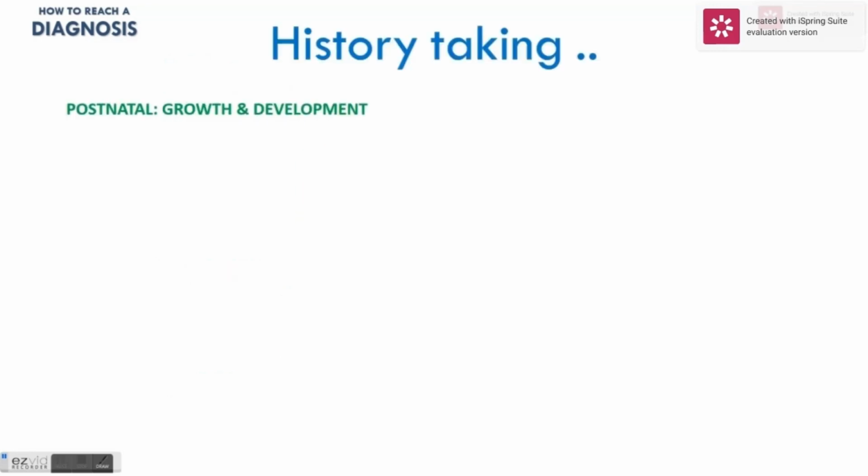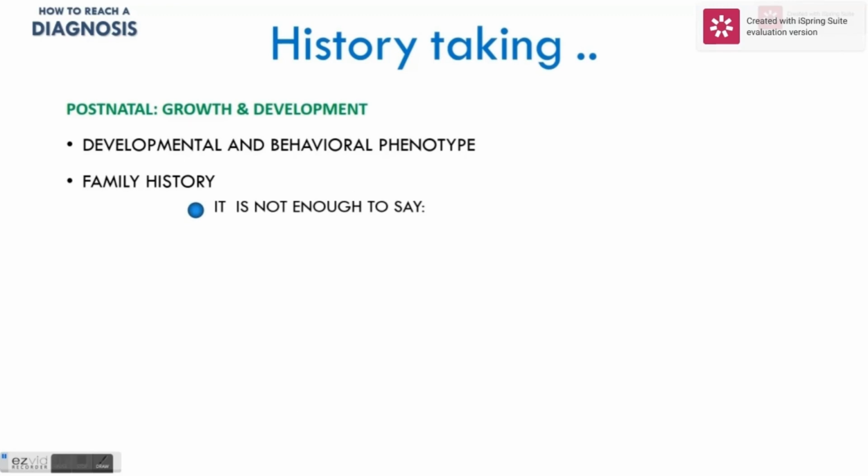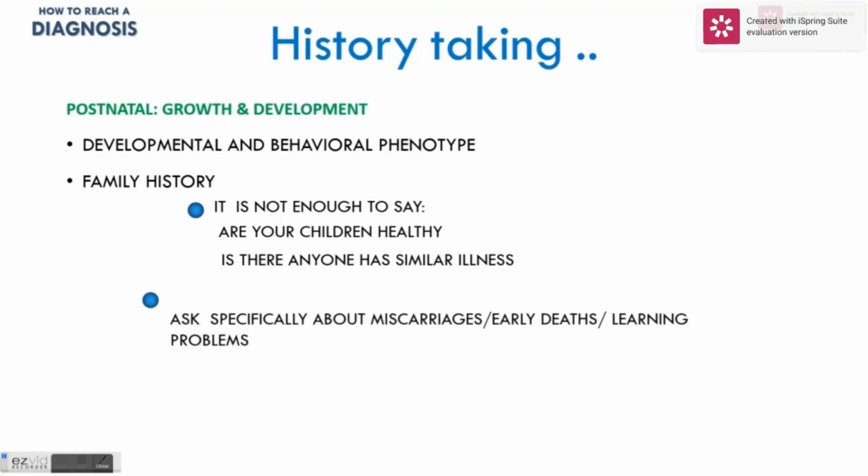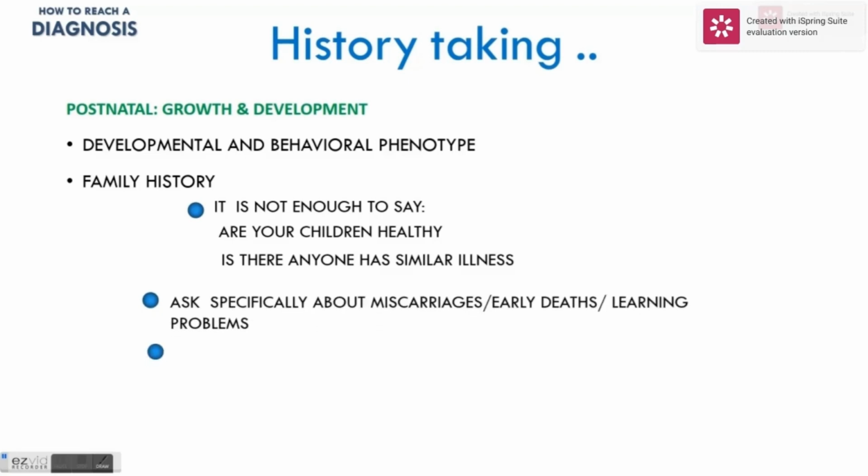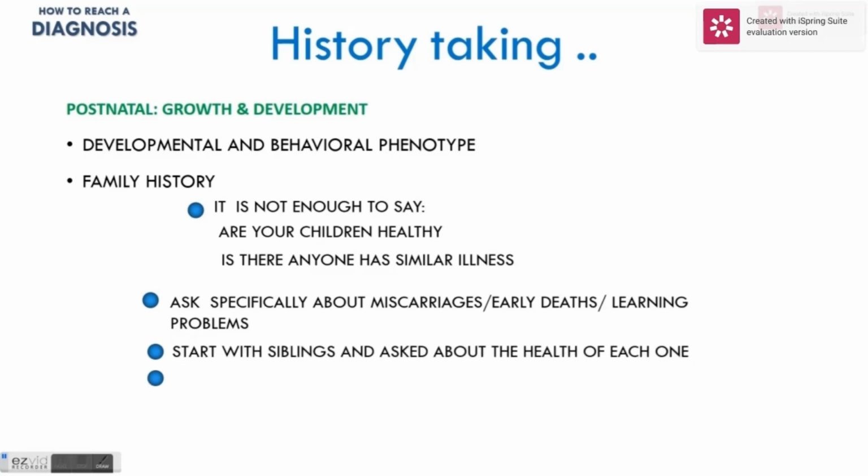It's important to get a postnatal developmental history and growth. As a geneticist, family history is an essential part of history. It's not enough to say to a mother, for example, are your children healthy? Or is there anyone with similar illnesses? It's not enough. You need to take a more detailed family pedigree.